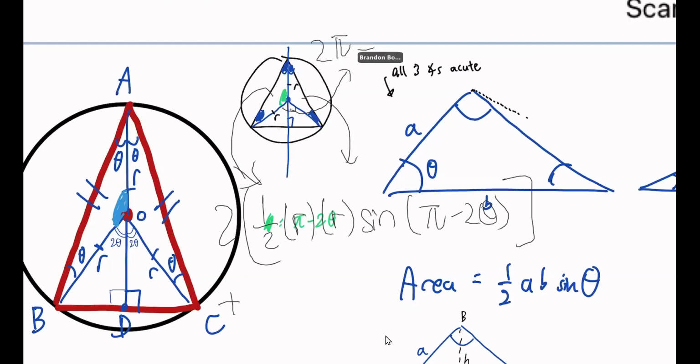2 pi minus... wait, oops. The other angle there is also the green angle by symmetry. So 4 theta.